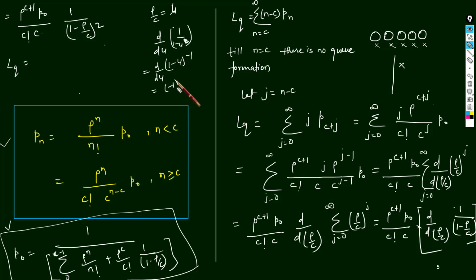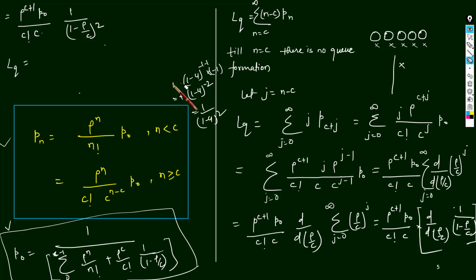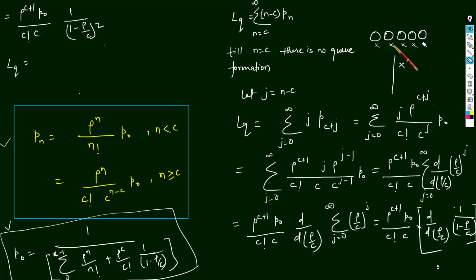So minus 1 into 1 minus u to the power minus 2, into the differentiation of minus u, which is minus 1. So minus 1 times minus 1 is plus, and this is 1 minus u to the power minus 2, that is 1 by 1 minus u squared. This is what I have written here. So there should not be any confusion in the differentiation. Take care of the sign, that it should be positive. Two negatives become positive.